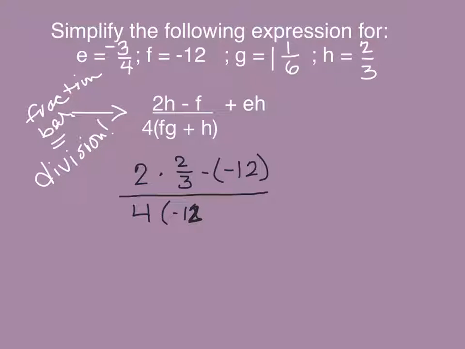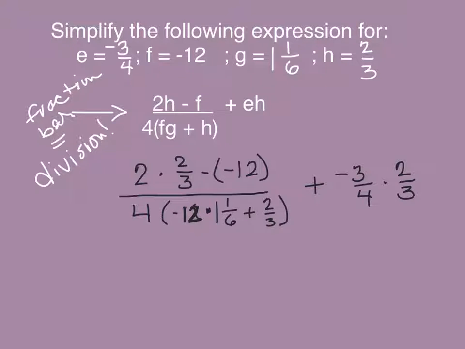Remember, when there's two variables together, that means that they're multiplied together. So negative 12 times 1 1/6 plus h, which is 2/3. And then whatever the answer is to that, I'm going to add e, which is negative 3/4, times h, which is 2/3.